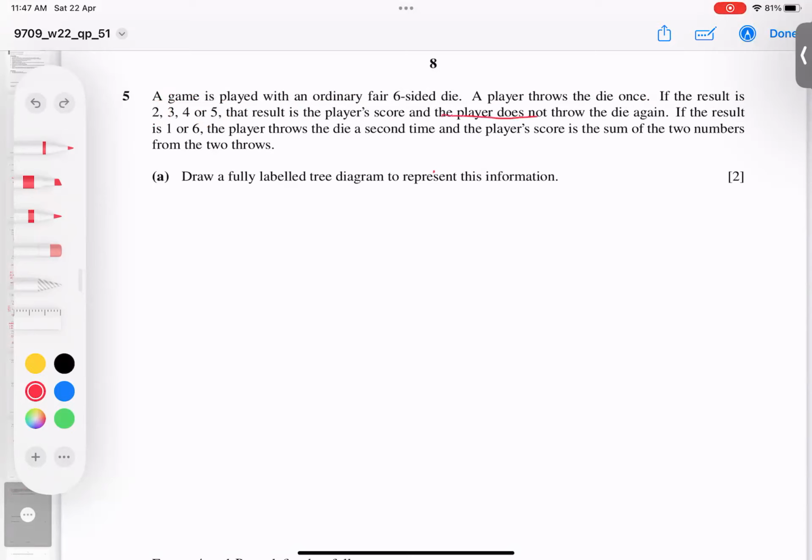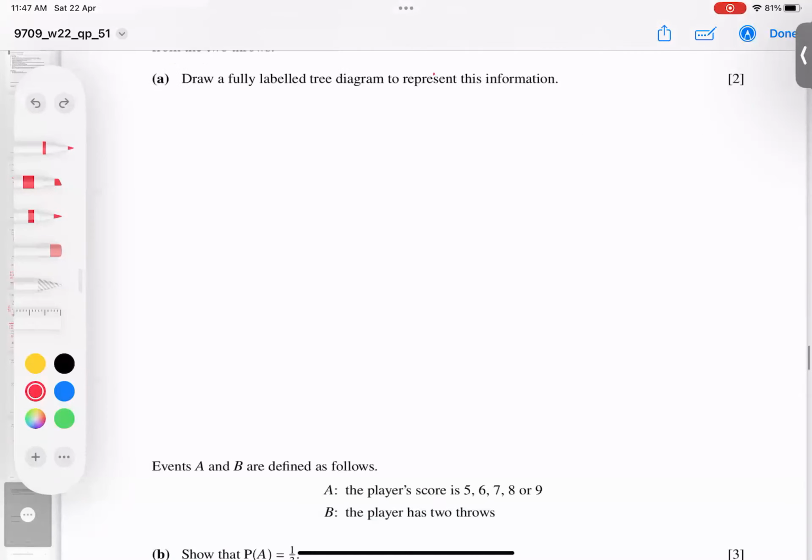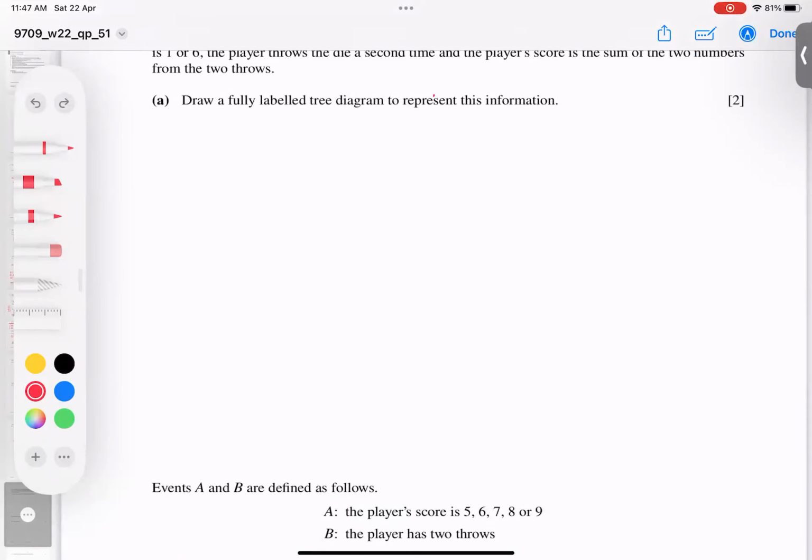But if the player does not get these numbers, that is, a 1 or 6, he will throw again. If the result is 1 or 6, he throws again, and the player's answer is the sum of the first two throws. So let's start. Bismillah ar-Rahman ar-Rahim.